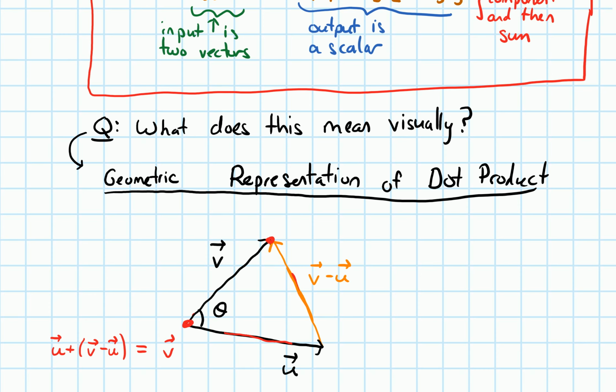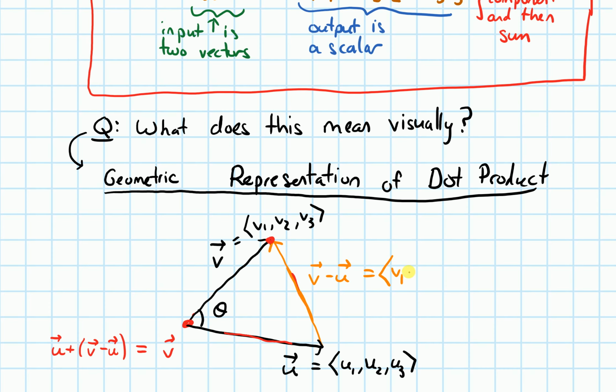Now let's write all of these vectors in terms of their components. Let's say that u in component form is u1, u2, u3, and v would be v1, v2, v3 in component form. Subtracting the two vectors, we subtract them component by component.